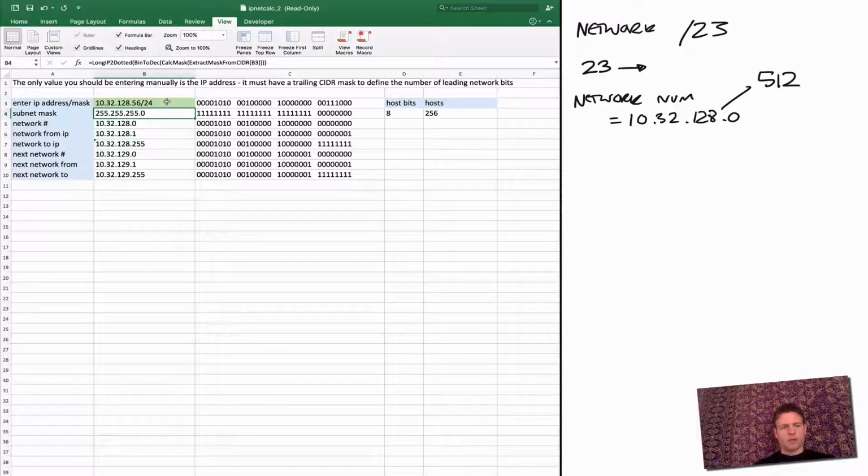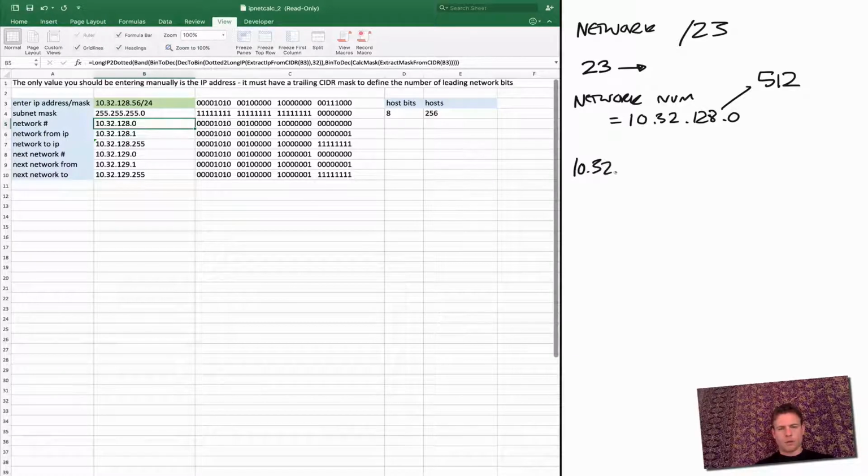and so we've basically said we're going to use a /24 notation, which means we've split our 10.32.128 subnet into 2 different subnets, right? The first of them is 10.32.128.0, and then the second one. So this is the first subnet, right?